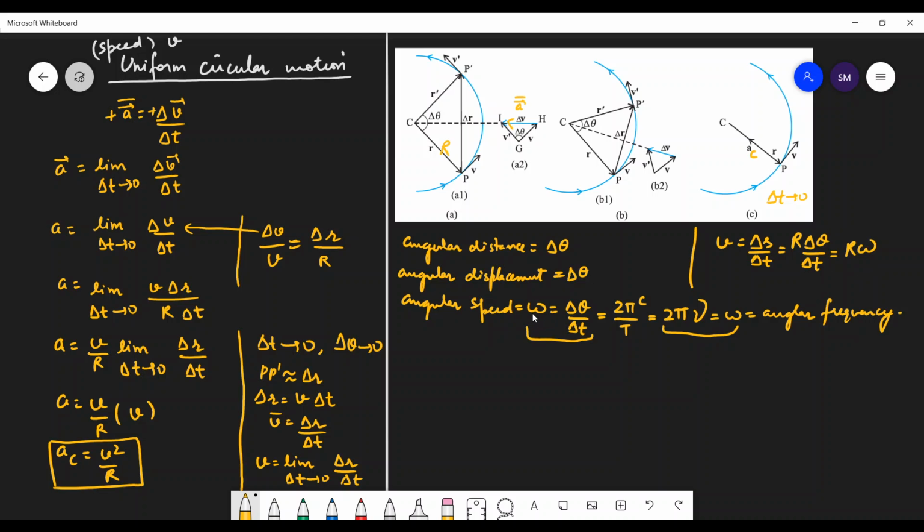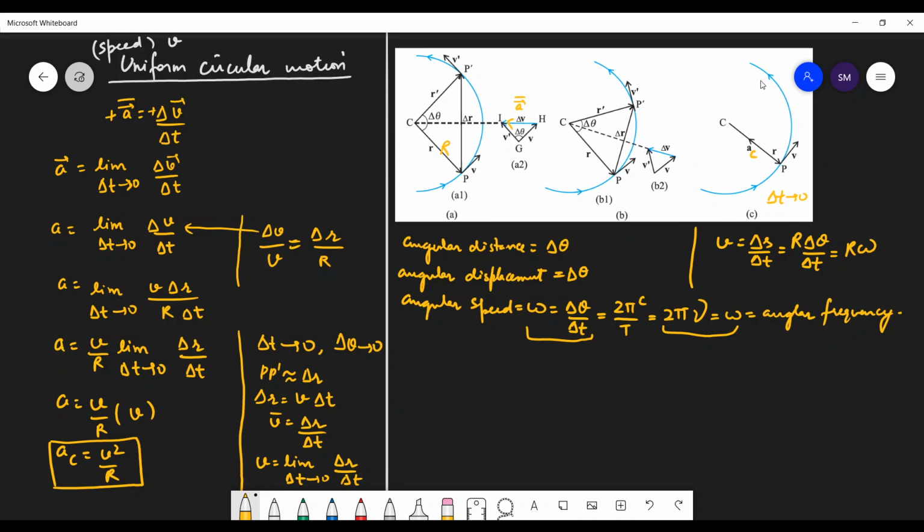And if I tell the direction also of this omega, then it will be angular velocity, that is, speed with direction. What is the direction? We can give the direction of the angular velocity with the right hand thumb rule.